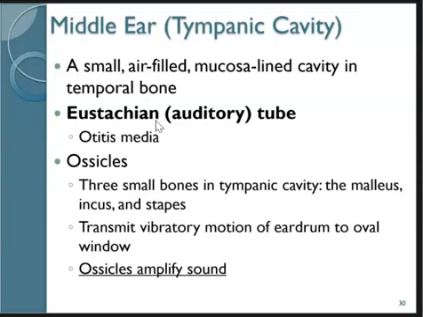You might have heard of otitis media. That's an inflammation of the middle ear. Usually children are at higher susceptibility to this because the eustachian tube is a little more horizontal or less vertical. So the fluid at the back of the throat, the pharynx, can get into the middle ear, and if it remains there with bacteria that's usually present in our pharynx, it will cause inflammation and infection here.